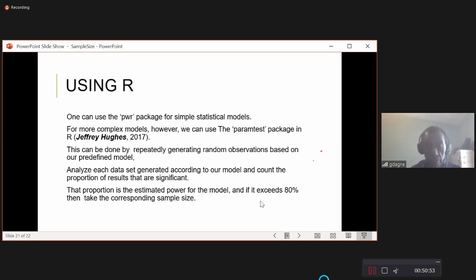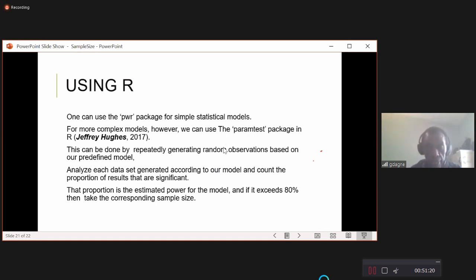That means if it exceeds 80%, then take the corresponding sample size that gave you at least 80% power. That's the sample size that you need in order to detect the effect size based on your logistic model, for example.